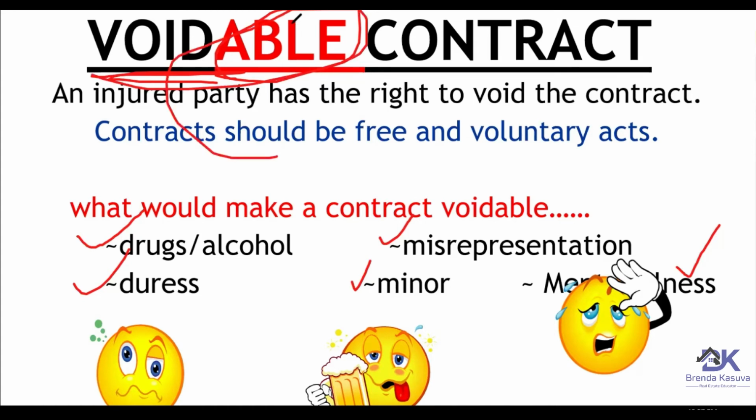If I can prove that I'm a minor, then there's a possibility it's going to be voided out. If I can prove that I was under duress when I signed that contract, I was really being forced to sign it, then there's a possibility of it being voided out. So voidable, it's able to be voided. Did that help?